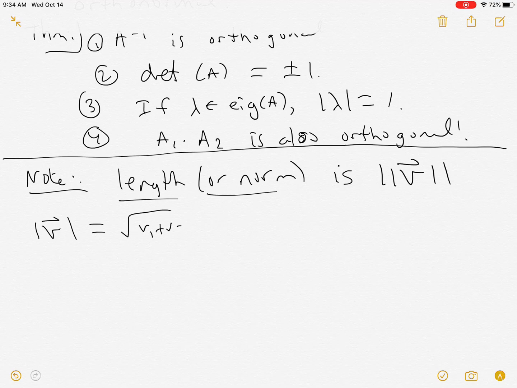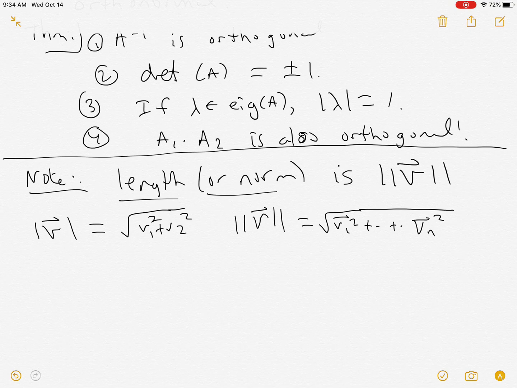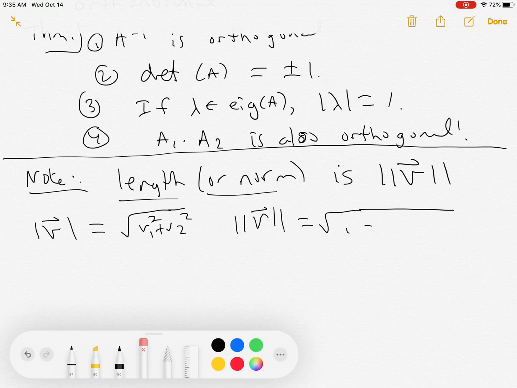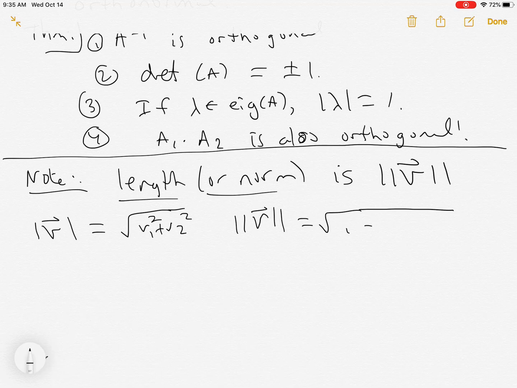But if you're in Rn, it says this is going to be the square root of v1 squared plus dot dot dot plus vn squared. Those aren't vectors, those are constants.